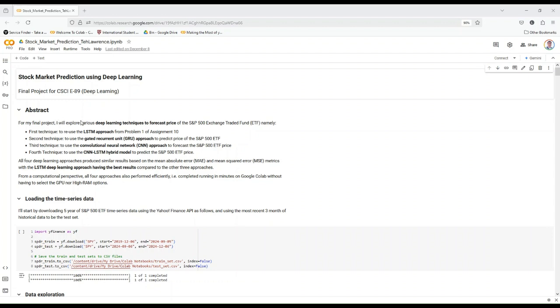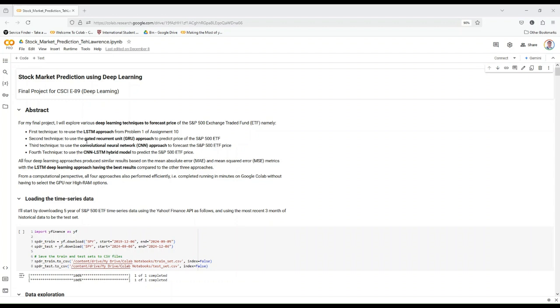The second technique I chose was similar to LSTM, the gated recurrent unit. They are both RNN, so recurrent neural network approaches. So on top of the first approach, LSTM, I used the GRU approach as my second technique.